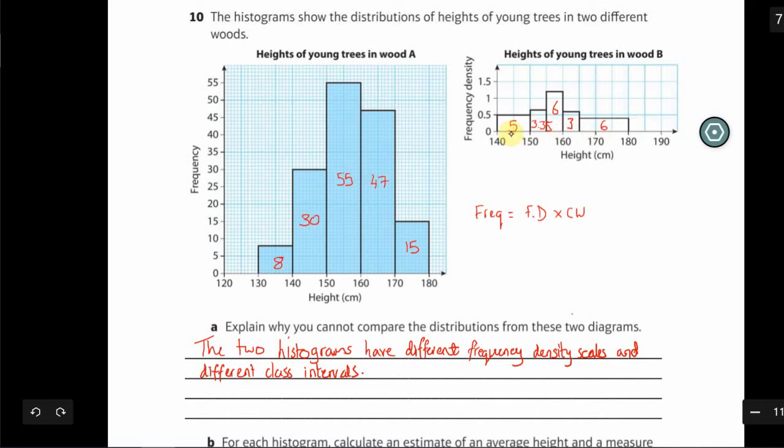So if I add up the number of trees I've got there, 5 plus 3.35 plus 6 plus 3 plus 6. Okay, I get 23.35. Divide that by 2.